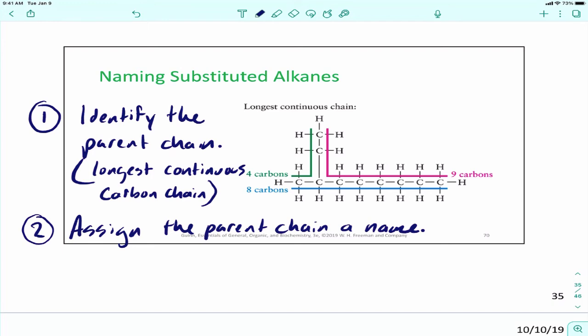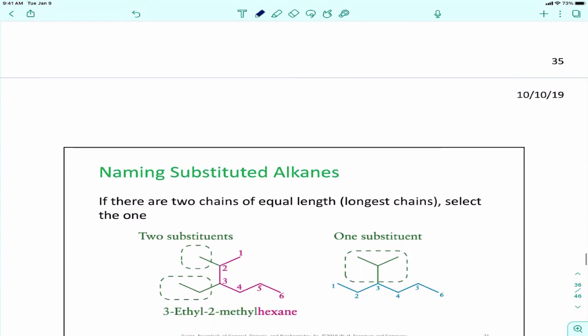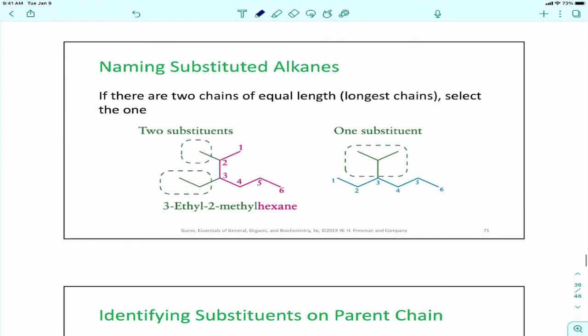Once we do that, if there are 2 chains of equal length, select the one with more substituents to be the parent chain.